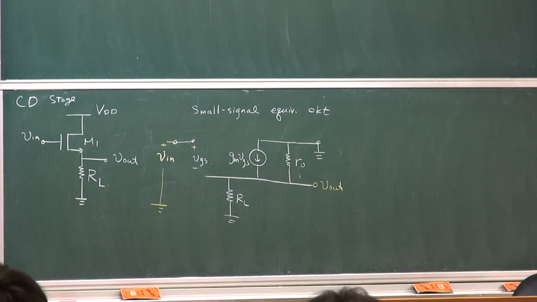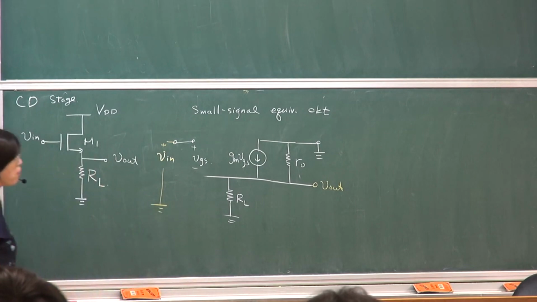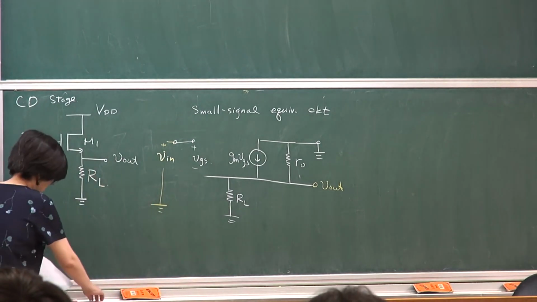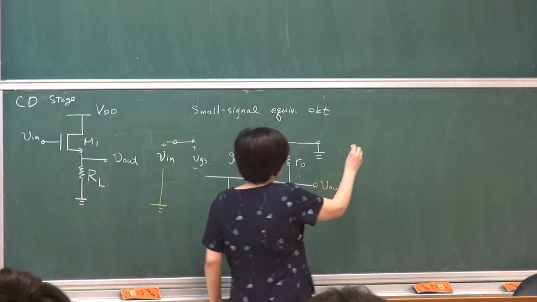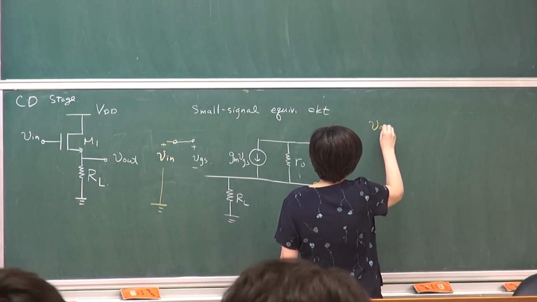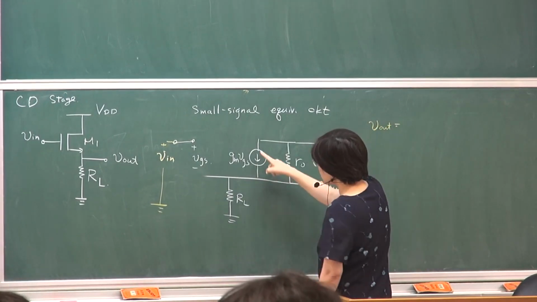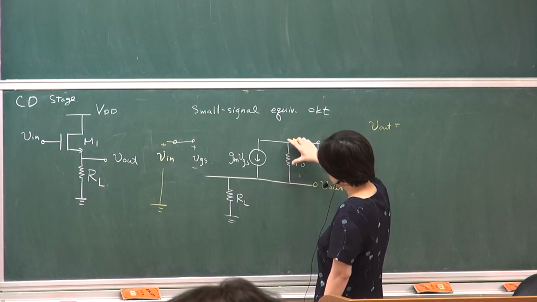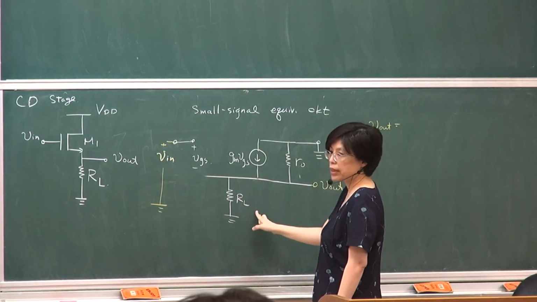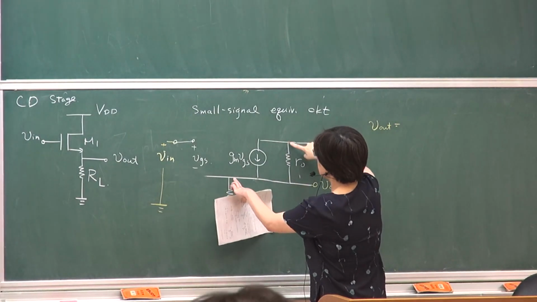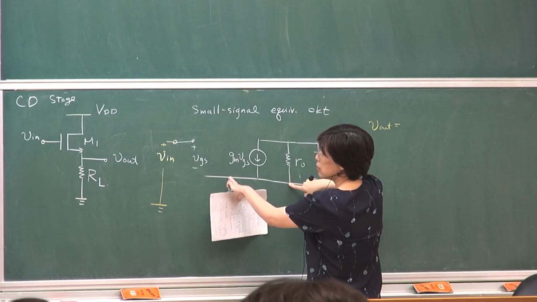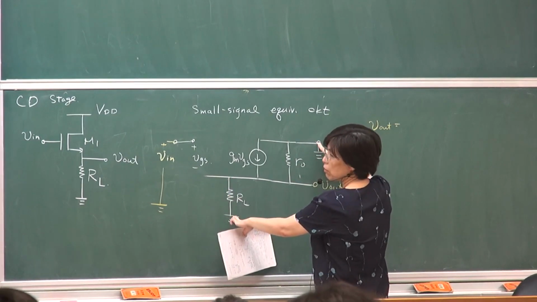Okay, so once we have a small signal circuit, we could simply write the output and input response. So VL will simply be whatever current is flowing through this terminal, and you can fold this resistor downwards because it shares a common source terminal, the other ground.